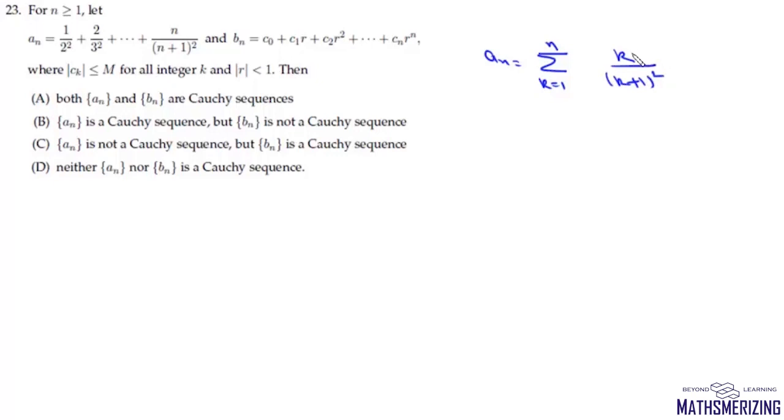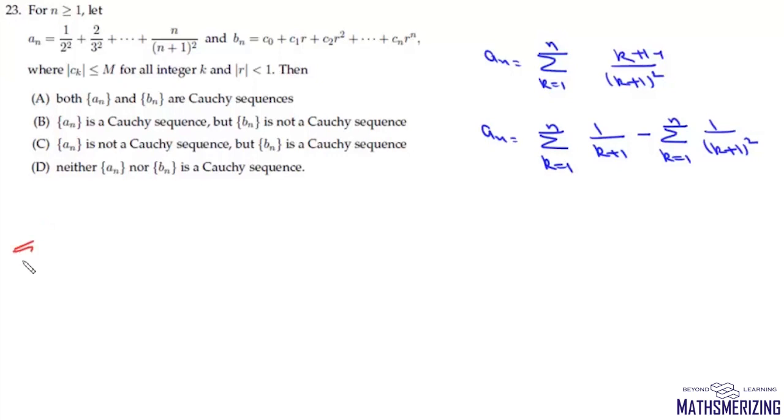Now what we'll do is, we'll add 1 and subtract 1. We can write an as this summation k varies from 1 to n, 1 upon k plus 1, and then minus summation k varies from 1 to n, 1 upon k plus 1 square.